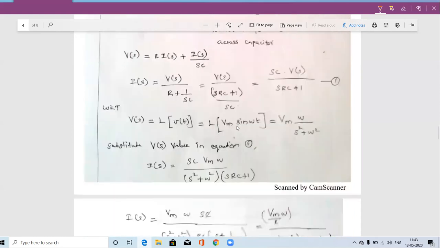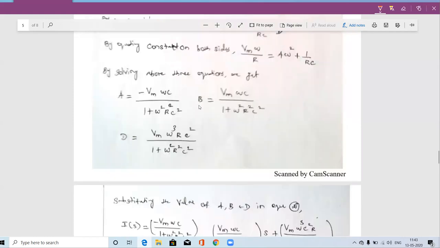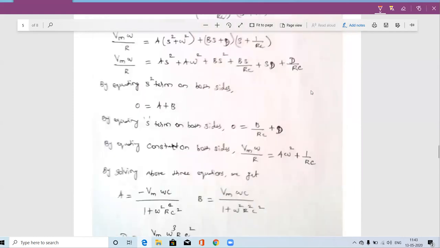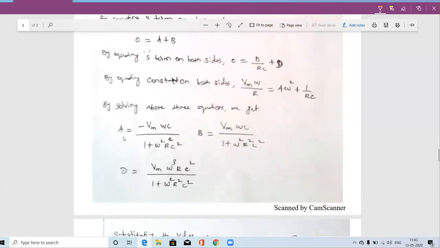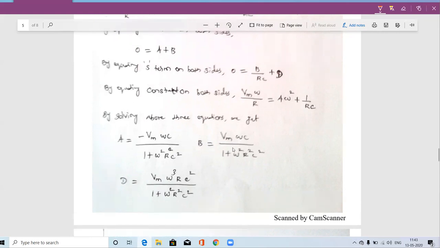You have to remember the answers A, B and D, because these three can be solved by the substitution method, but it will take a lot of time. So you just remember these answers. A, B, C, D are all easy. The denominator is the same, numerator A and B are the same. Only D is somewhat different: omega power 3, C power 2, R. Understood?